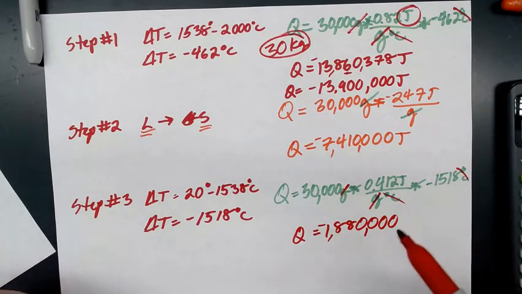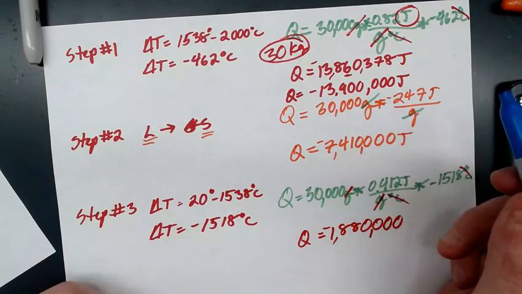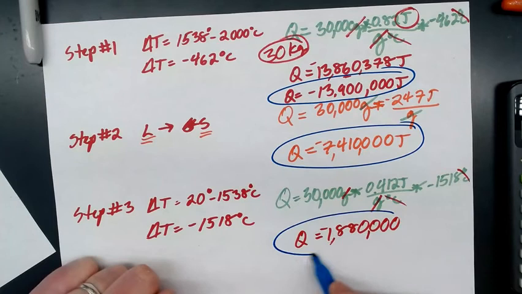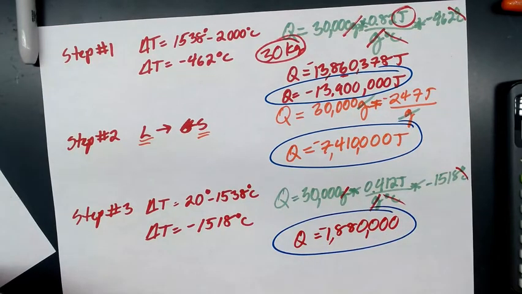So I'm going to add these all up now. I'm going to add up my 3 numbers. I'll circle them. So I got 13,900,000, 7,410,000, and 1,880,000.